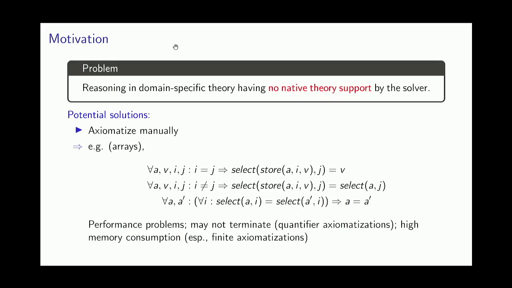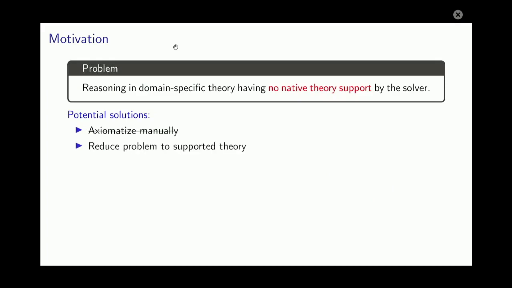However, we would easily run then into performance problems. First, because we introduce quantifiers which are undecidable. And secondly, even if we manually axiomatize it, we might run into memory problems. So this is probably not an optimal solution.